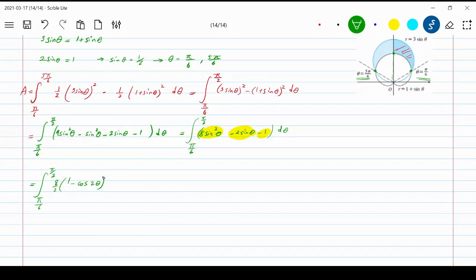And that simplifies to 4 here. And we have minus 2 sine theta minus 1.